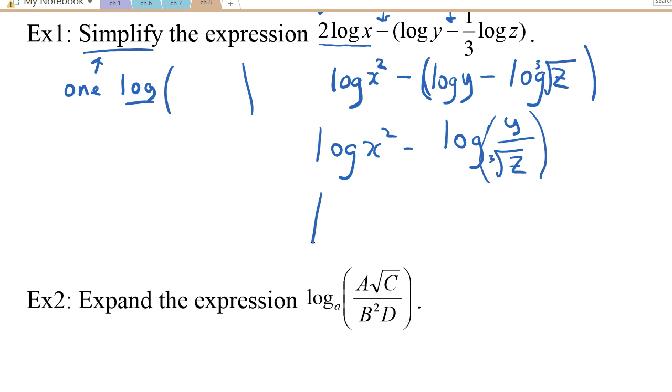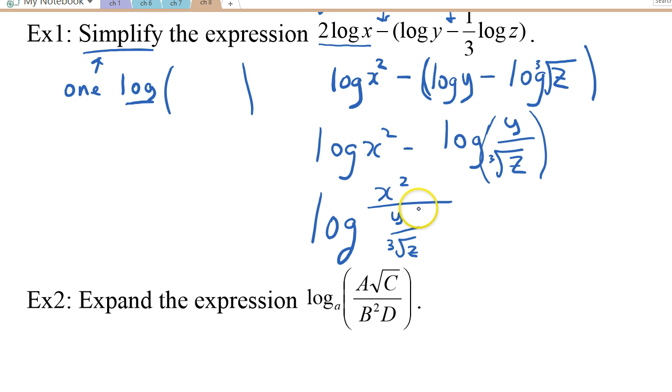So I can write this as one log, and then the numerator is x squared divided by this log here, which is y over the cube root of z. Now that's kind of an ugly complex fraction there, so I can just use the same rules that I've used so many times.